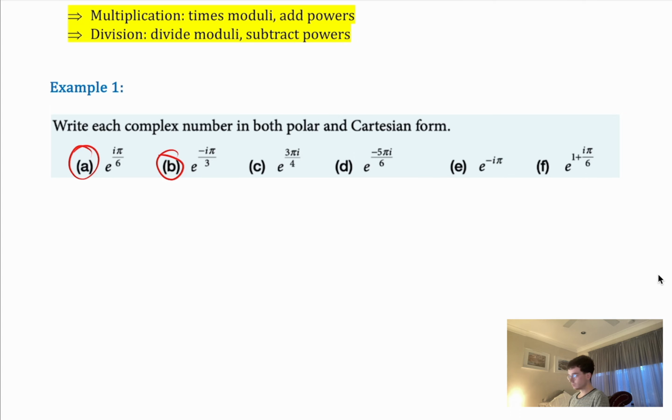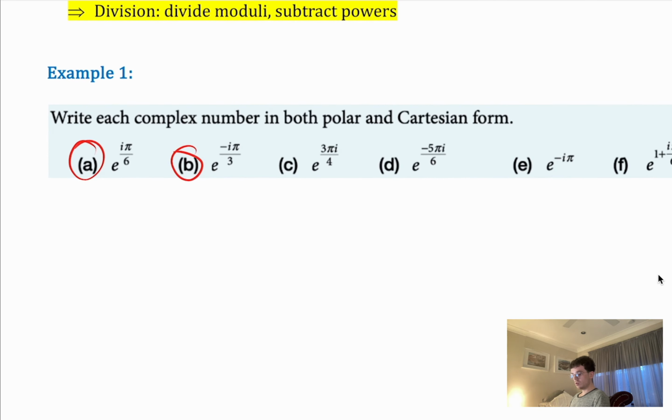Now, polar form is another way of saying modulus argument form, and Cartesian form, of course, is written with our square roots and our i. All we have to do to go into polar form is look at the coefficient of our e, which is 1.